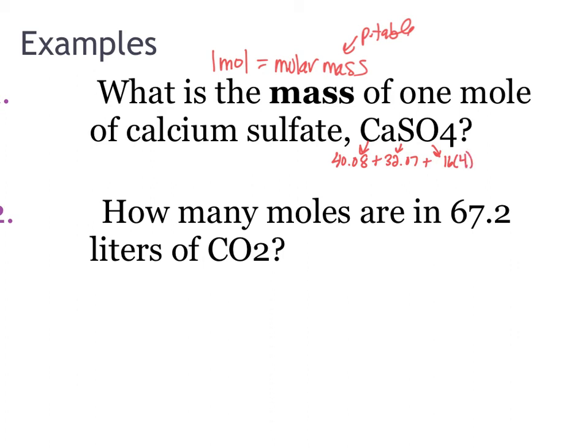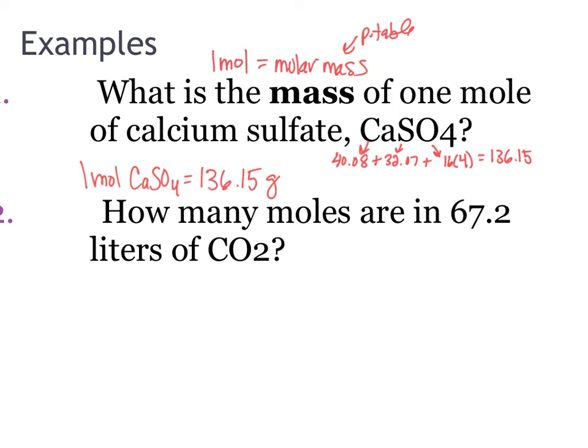Multiply that by 4. So I multiply that, add them all up, and I get 136.15. So 1 mole of calcium sulfate is the same thing as 136.15 grams. Perfect. All right.